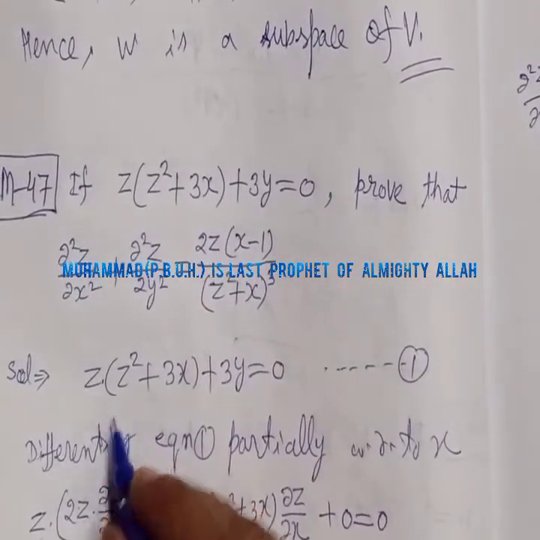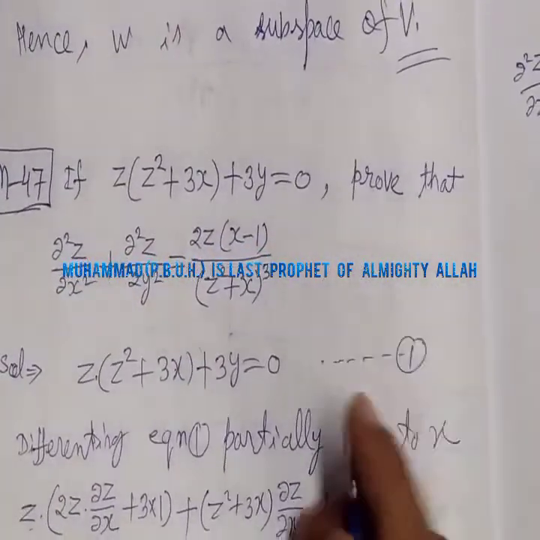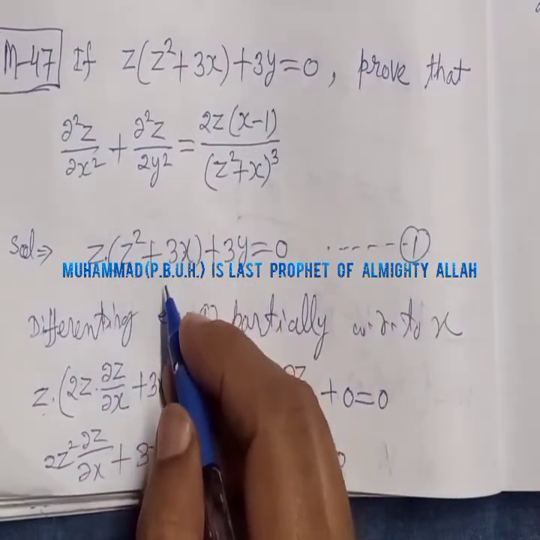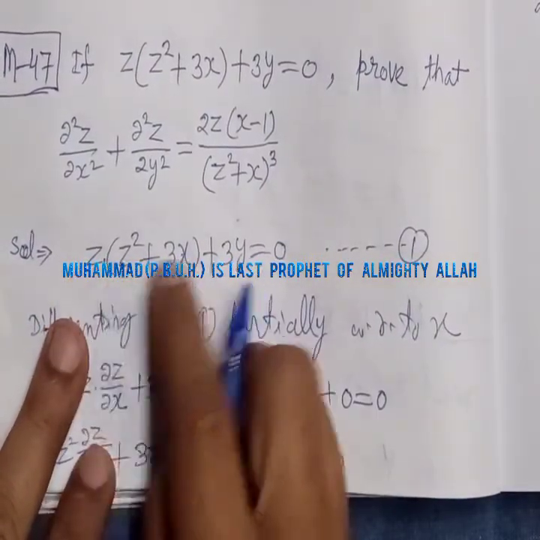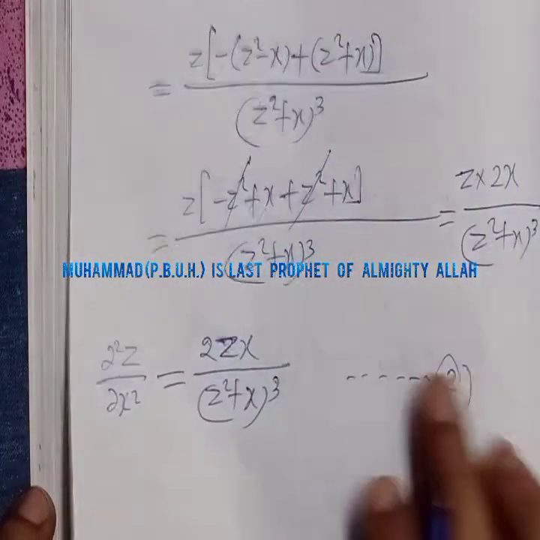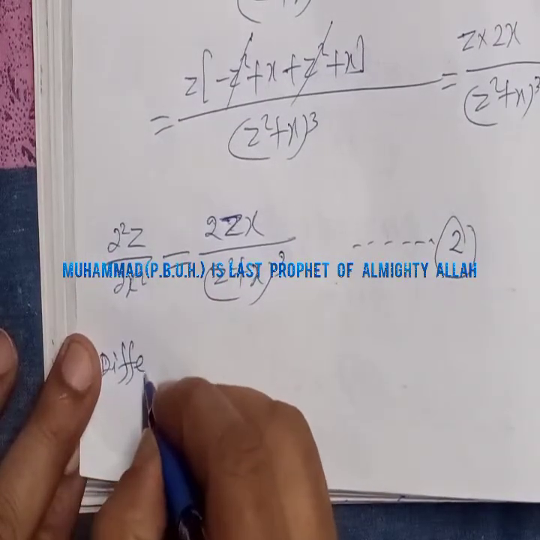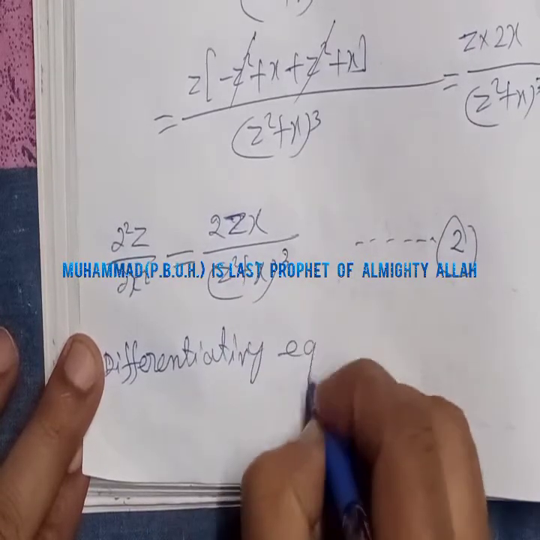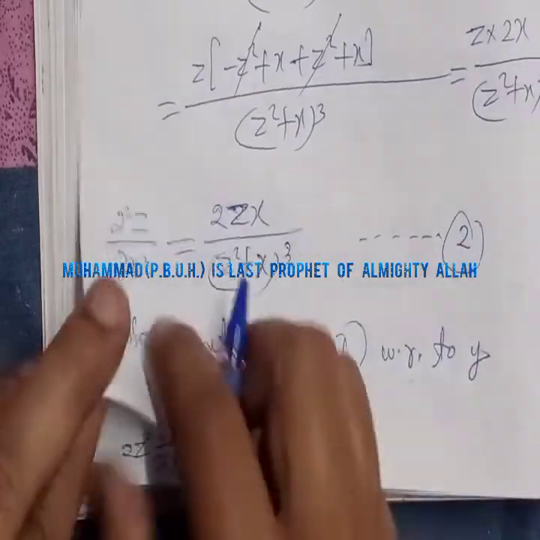We must multiply this value, equation 1 with respect to z. So I differentiate equation 1 with respect to z by taking first and second function as previously I did. So I write, differentiating equation 1 with respect to y.